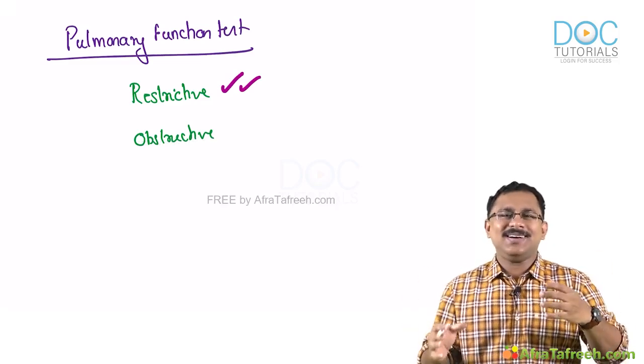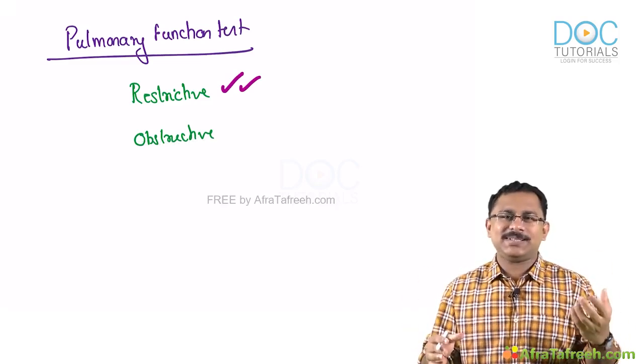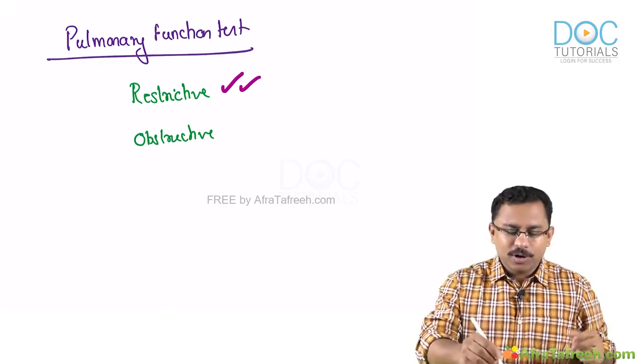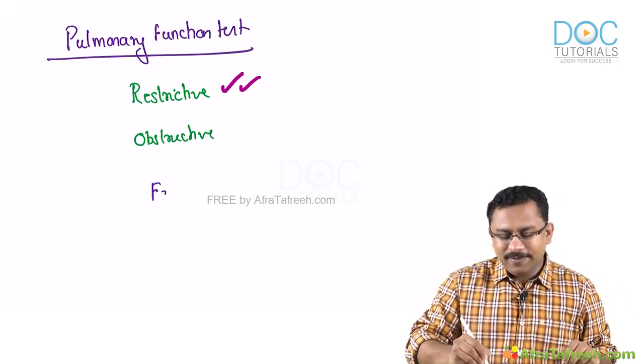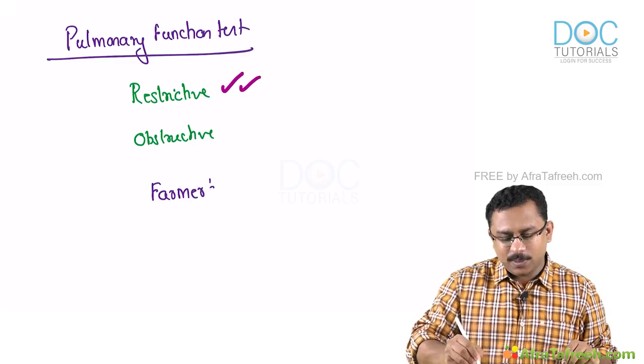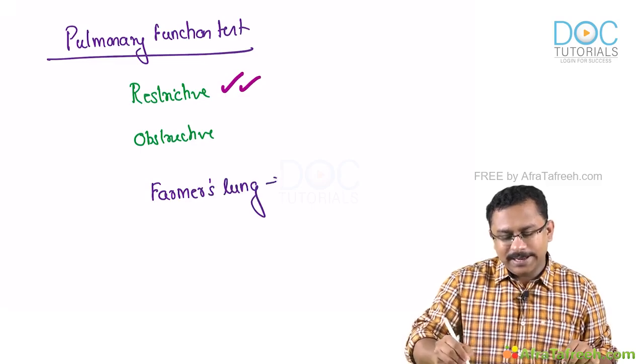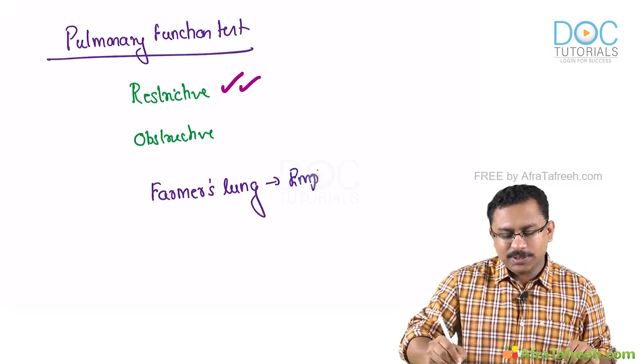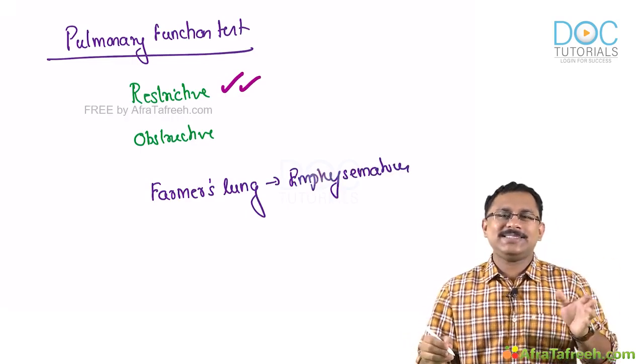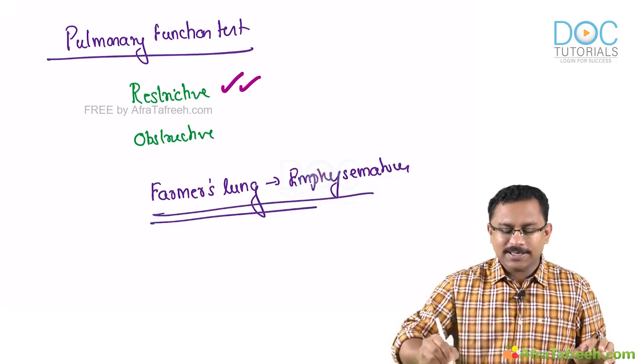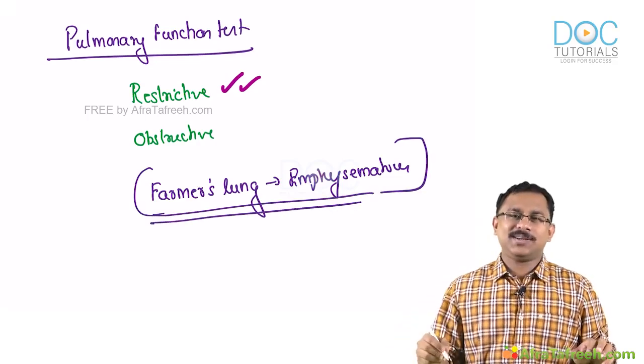But certain types of hypersensitivity pneumonitis, like your farmer's lung, can have emphysematous changes. So it is not that each and every hypersensitivity pneumonitis is restrictive. It is predominantly restrictive, but you can also have an obstructive pattern.